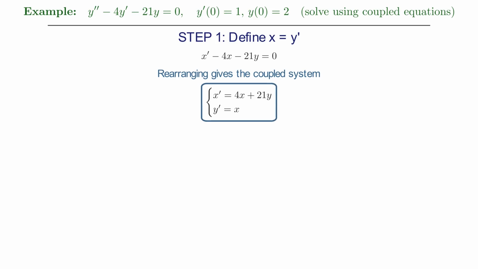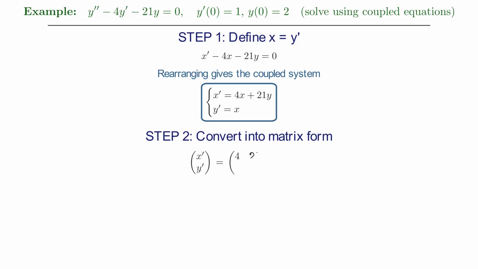We now want to put this into matrix form. So that left-hand side becomes the matrix (x', y'). This is equal to our coefficient matrix, which is our coefficients for the x and the y in the two equations. So we have 4 from the 4x, 21 from the 21y, and then from the second equation, we have 1 because we have 1x, and 0 because there's 0y.